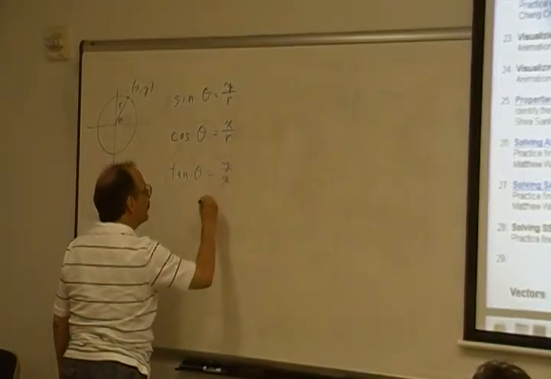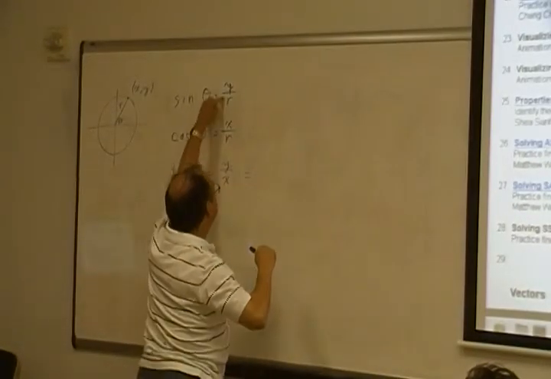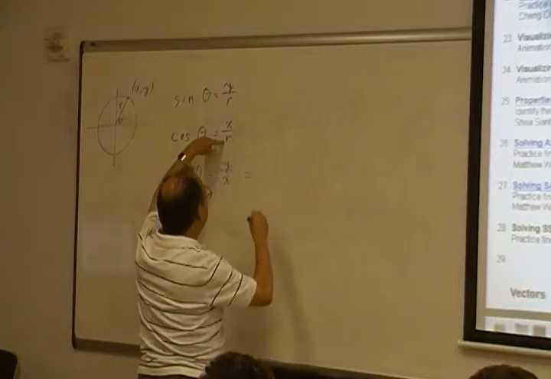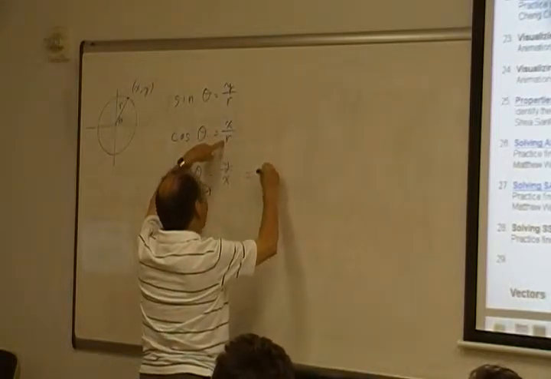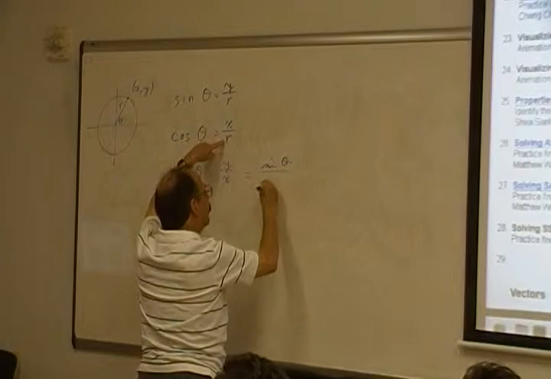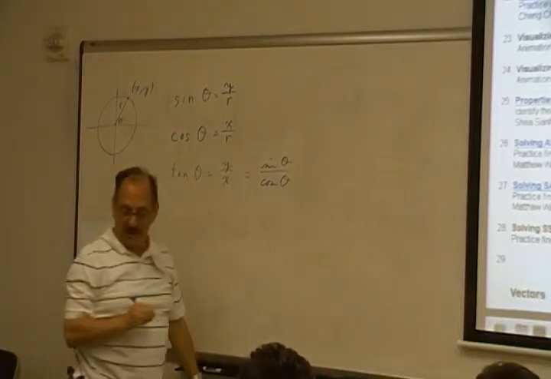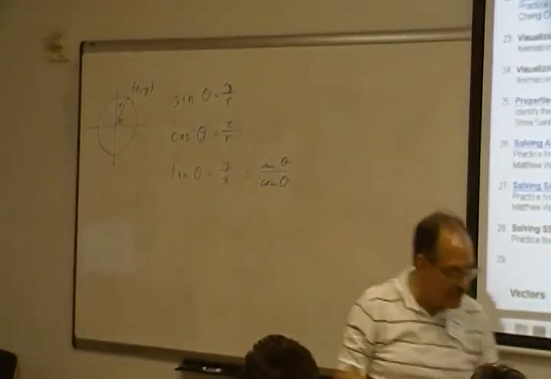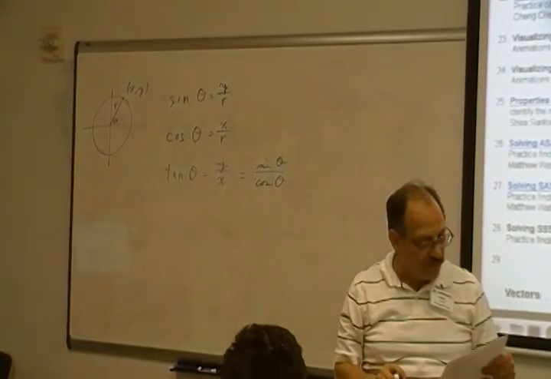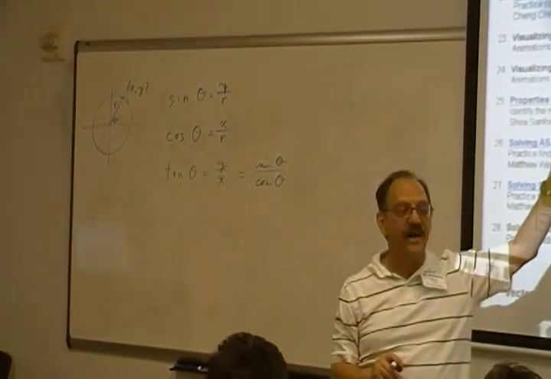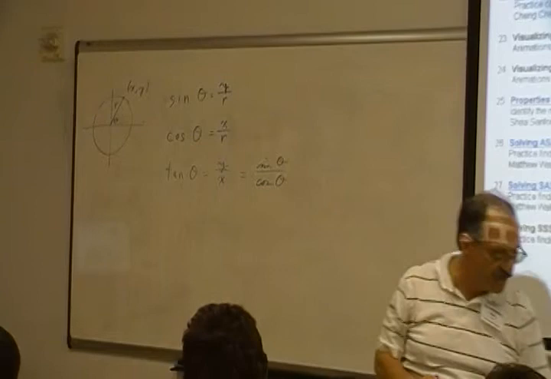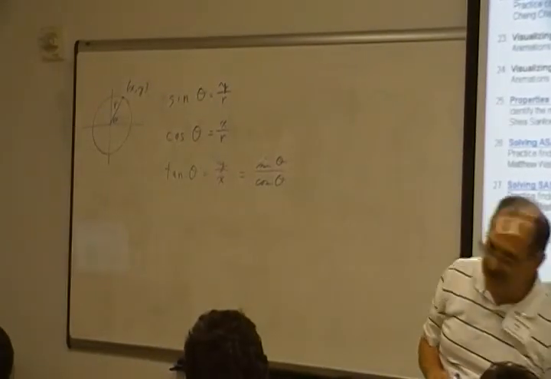Y over x, which is, if you take this one divided by this one, the r's cancel out, and you get sine theta over cosine theta, which on these new sheets is the first ratio identity on the first page. Tangent is sine theta over cosine theta.